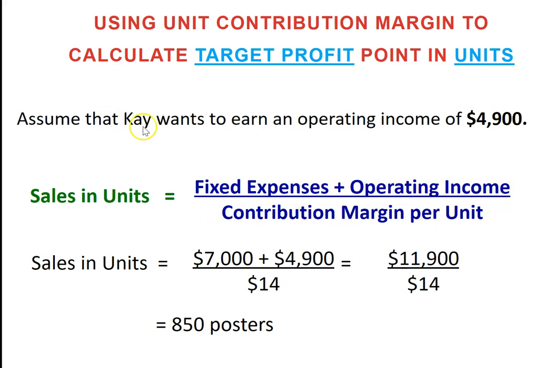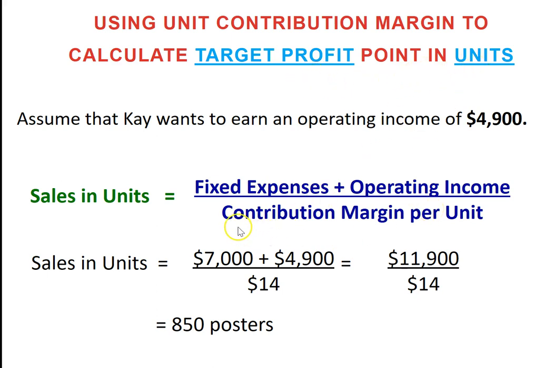And if I ask you that the company wants to earn an operating income of $4,900, so that's the income or profit that the company wants to make. Now how many units or how many posters does the company need to sell? We will use the same formula.